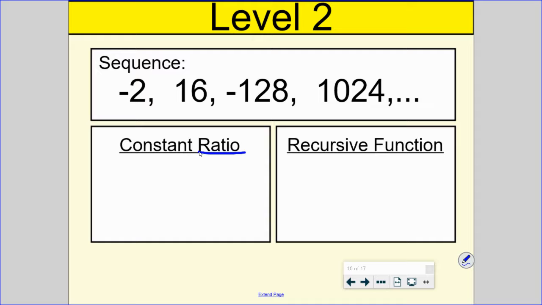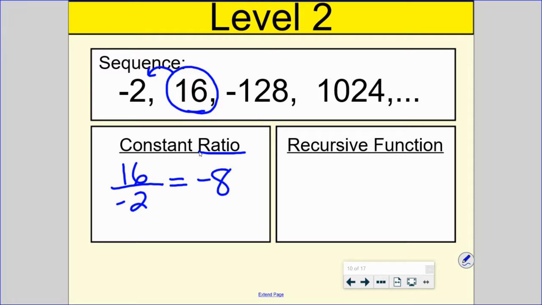To figure out our constant ratio, we can take any number in this sequence and divide it by the number in front of it. So we take 16 and divide it by -2. 16 divided by -2 is -8. So our constant ratio in this sequence is -8.